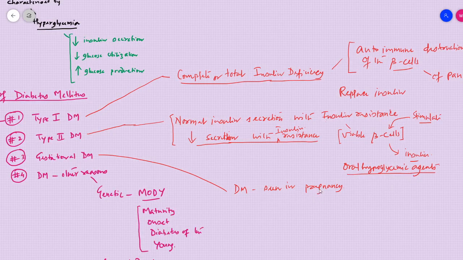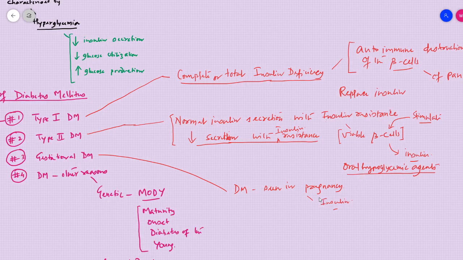So what's the option here? Insulin, of course. So how do we manage this? We replace the insulin. That's the drug of choice. Can some of the oral hypoglycemic agents be used? Yes, there are reports of anecdotal use, and in some jurisdictions, physicians use oral hypoglycemic agents.